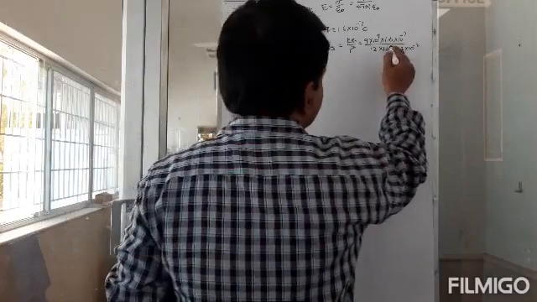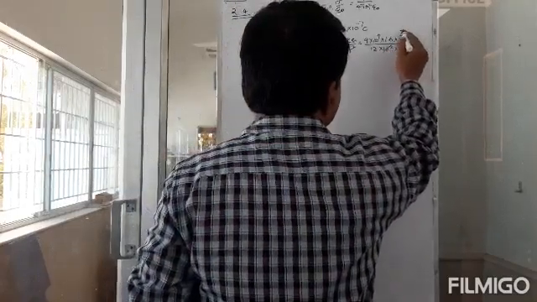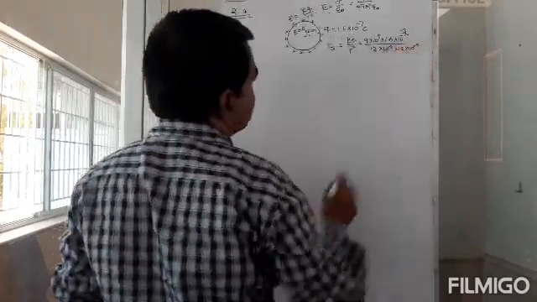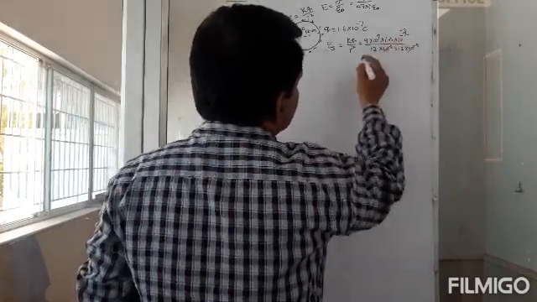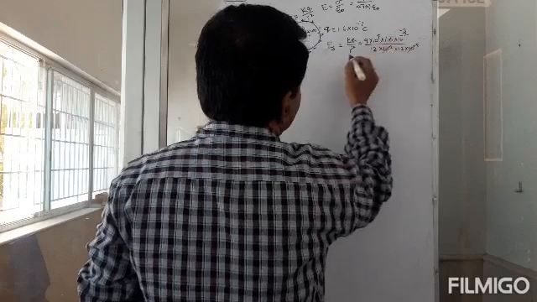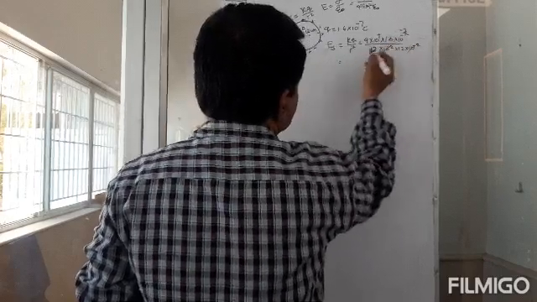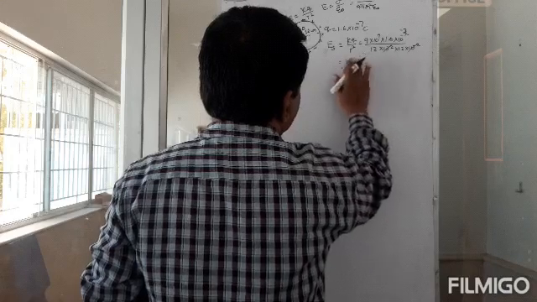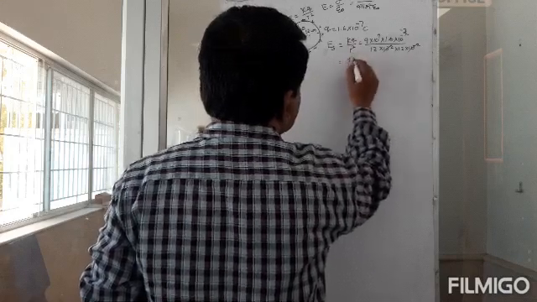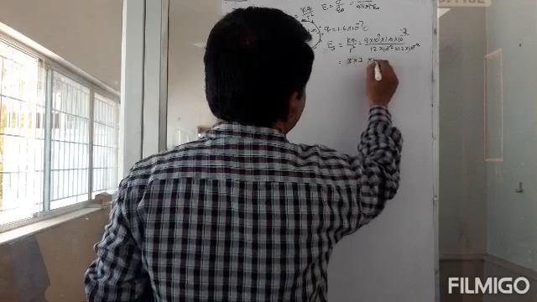So I can slightly change it. 9 I'm going to write as 3 into 3 into 10 power 9.